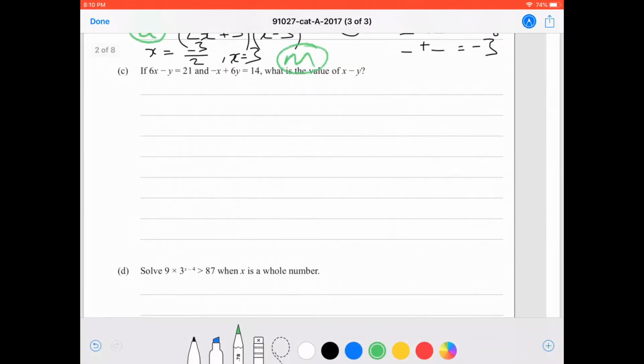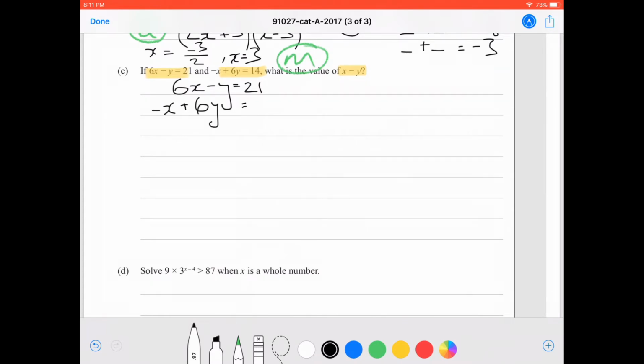Question 1C now. If 6x minus y equals 21 and minus x plus 6y equals 14, what is the value of x minus y? So we've got two equations here. 6x minus y equals 21 and minus x plus 6y equals 14.